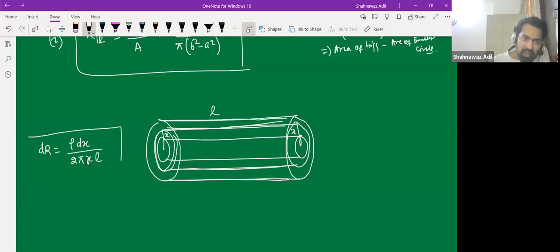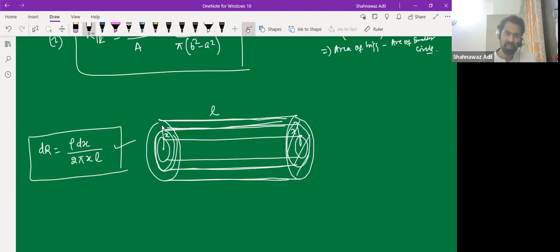So is this part clear? I have taken a very thin curved surface area, and then I will integrate over the total surface area. Yes, guys, this part is clear.